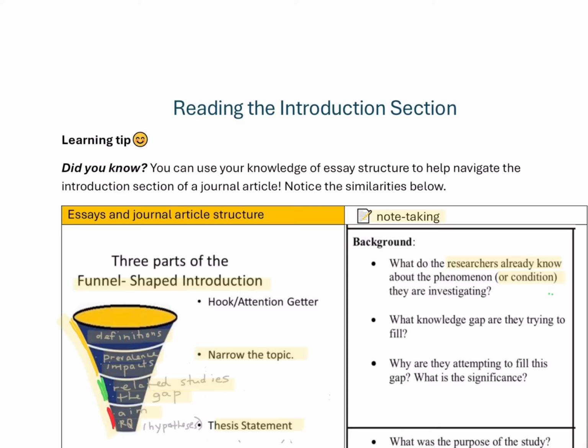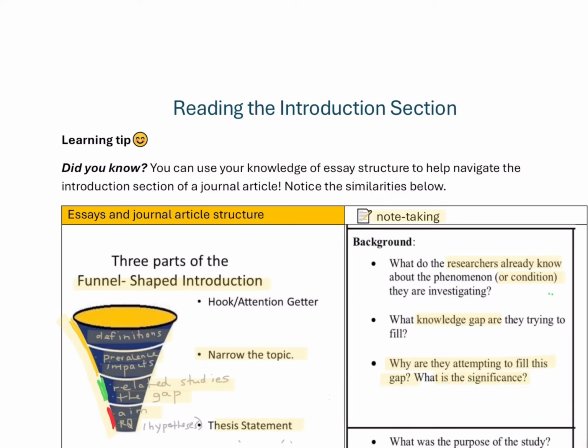How do you pick and choose what to say in this part? Well, focus on the research question. So in other words, about the research question, what do researchers already know? What don't they know? What is the knowledge gap that they are trying to fill? And why is it important that they are attempting to fill this gap?